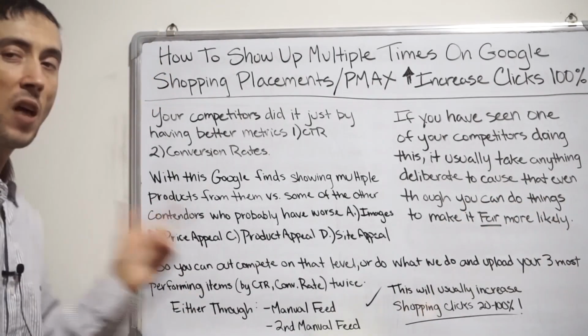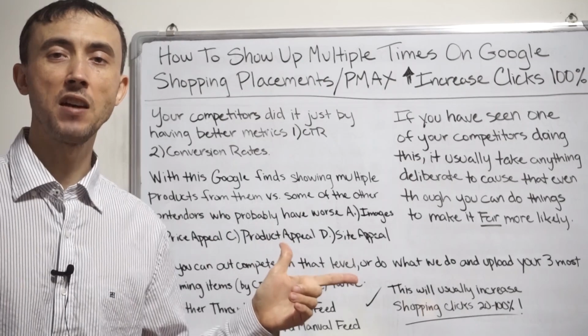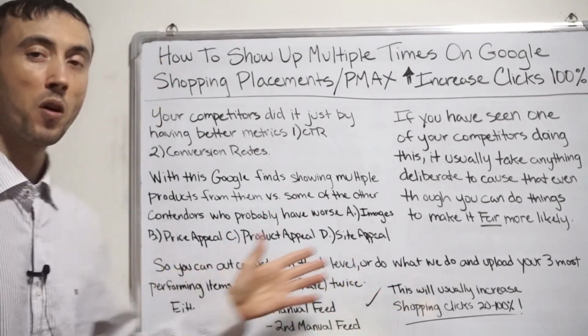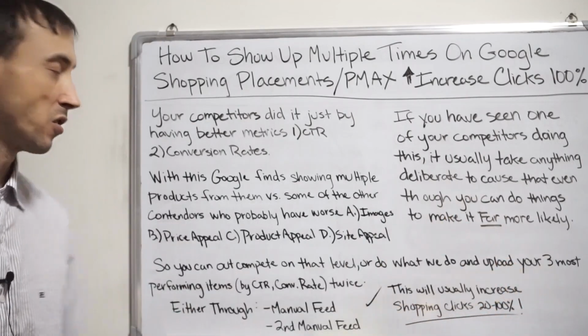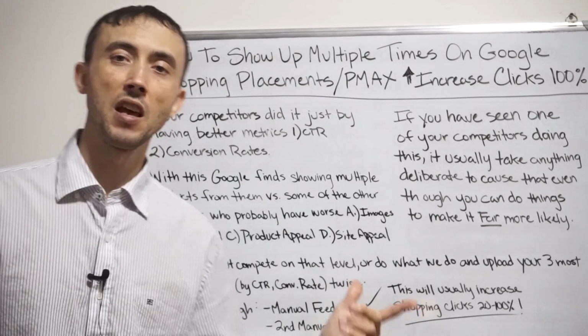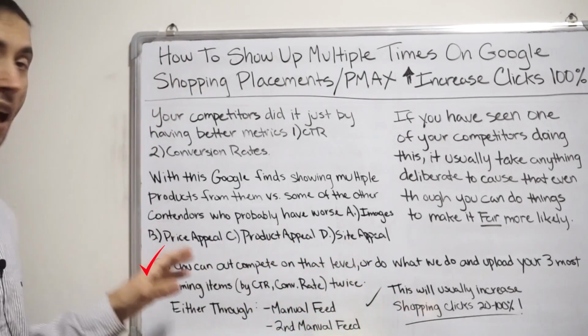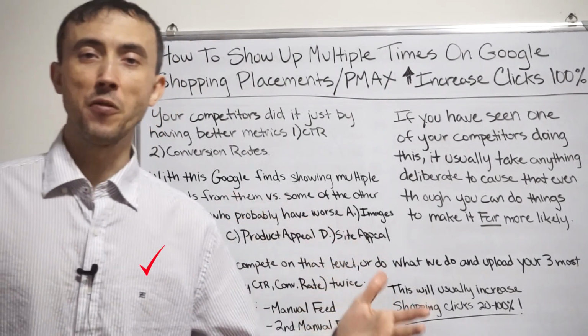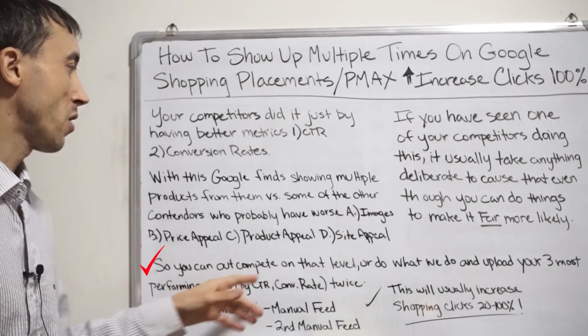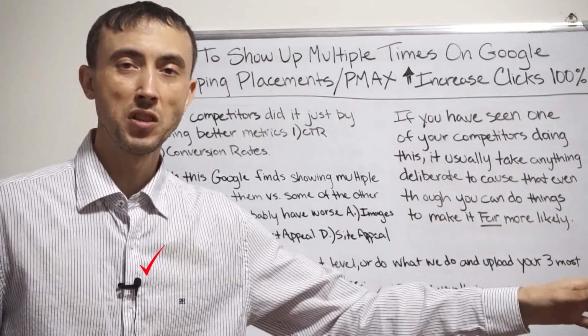Now, you could go that general direction and try to optimize your business essentially so that you show up more and more times on shopping versus less. But the trick that I'm sharing with you today, that I inadvertently found out through mistake before but works great, is you can outcompete your competition and show up multiple times.